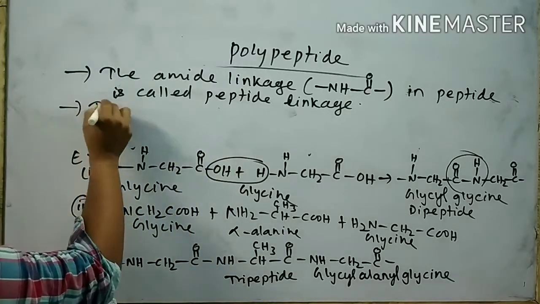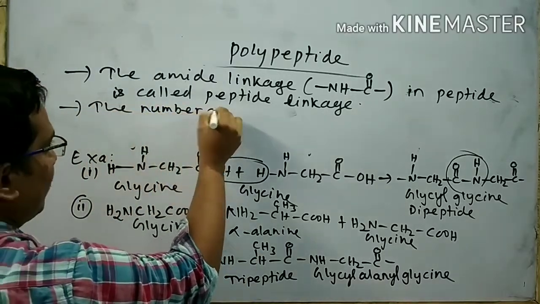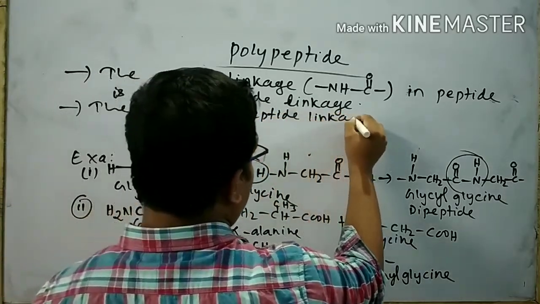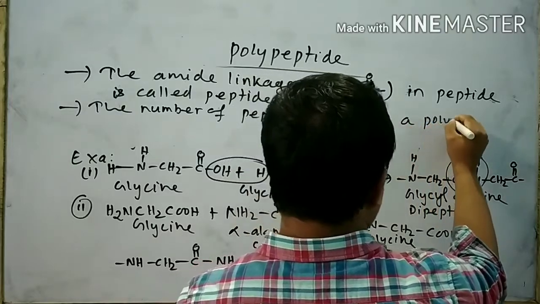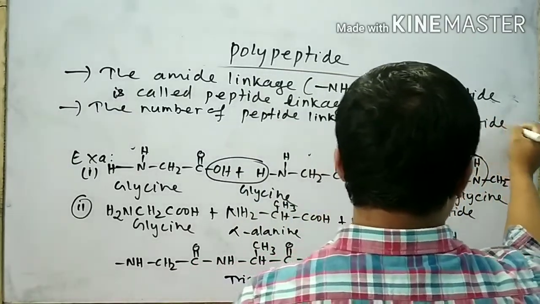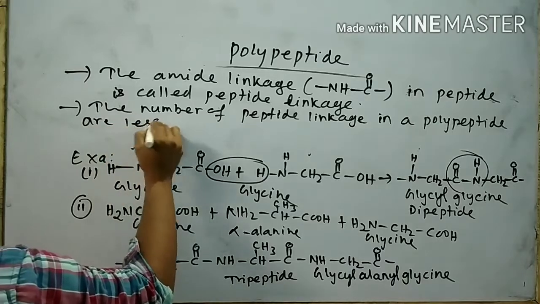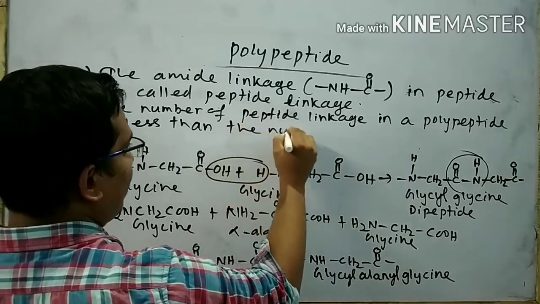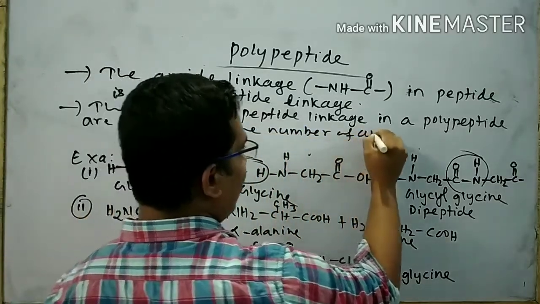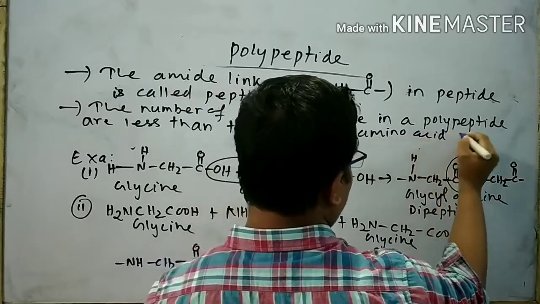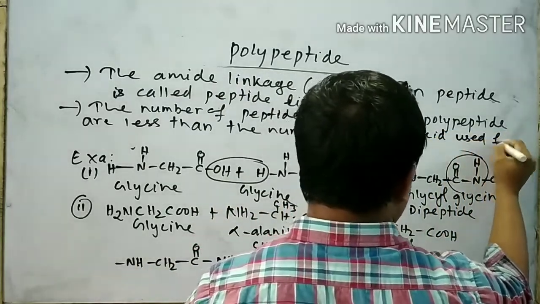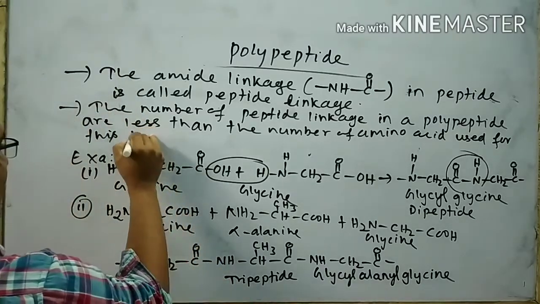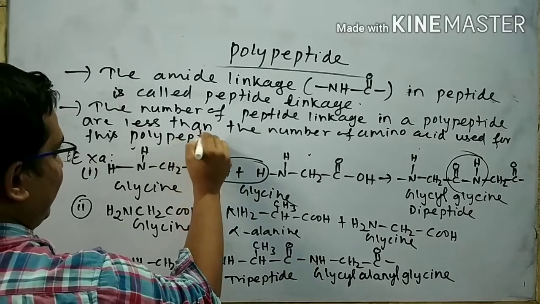So we can write the number of peptide linkages in a polypeptide are less than the number of amino acids used for this polypeptide.